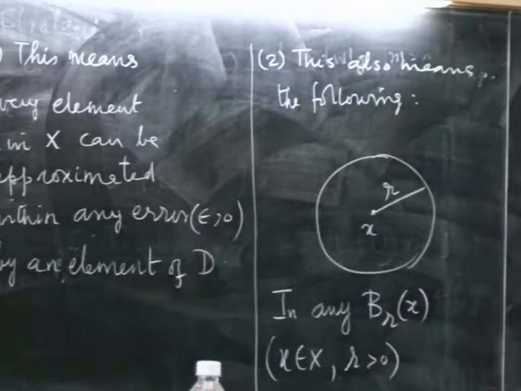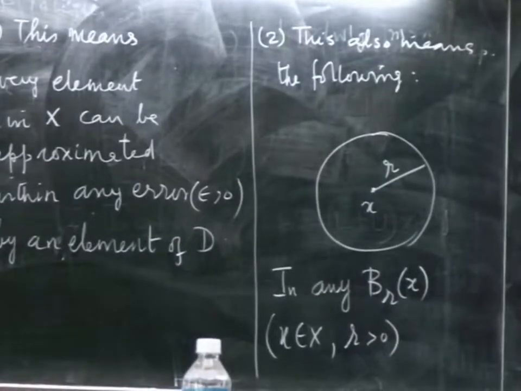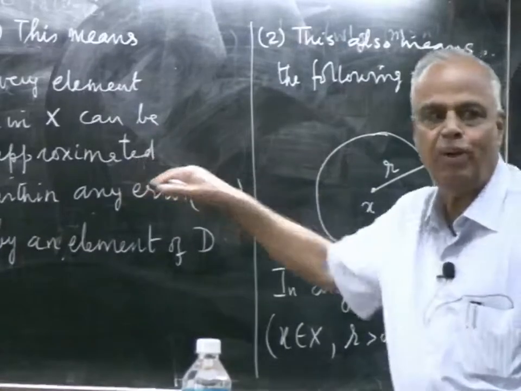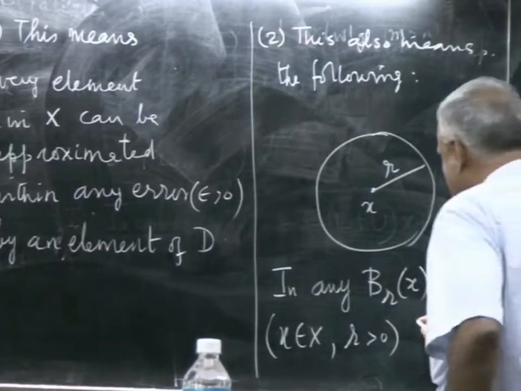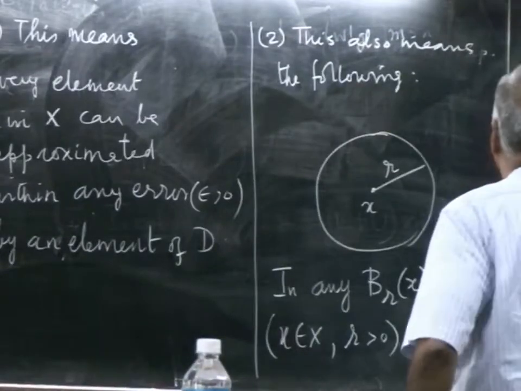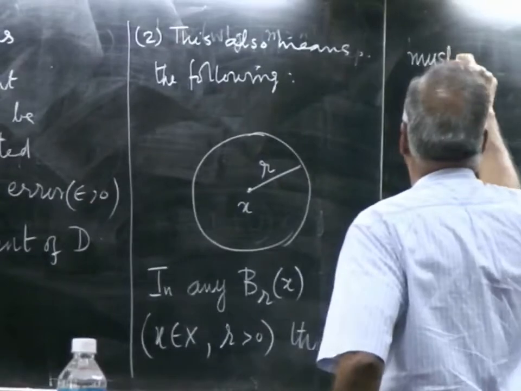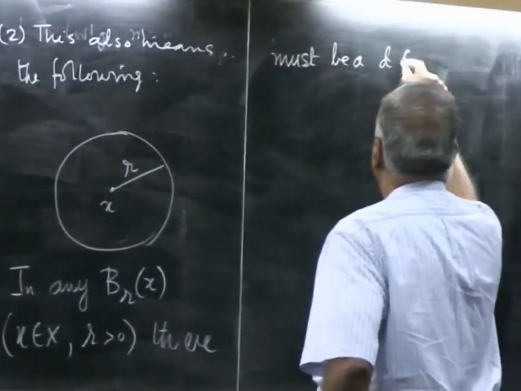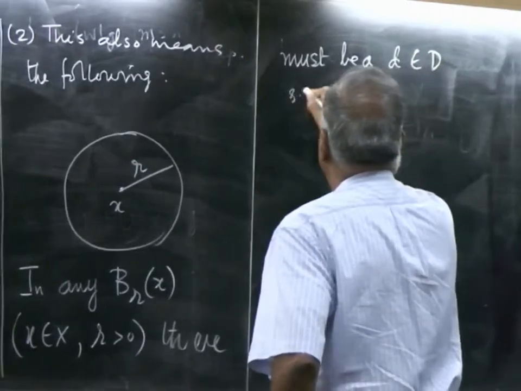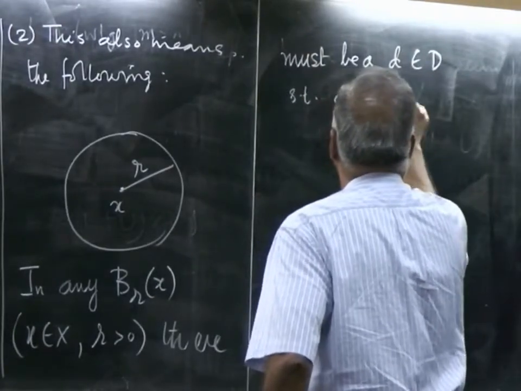Any open ball with center some point in the metric space and some given radius, there will be a fellow of D sitting inside, because now I can approximate x within distance r. Therefore there must be a d belonging to D such that d belongs to B_r(x).